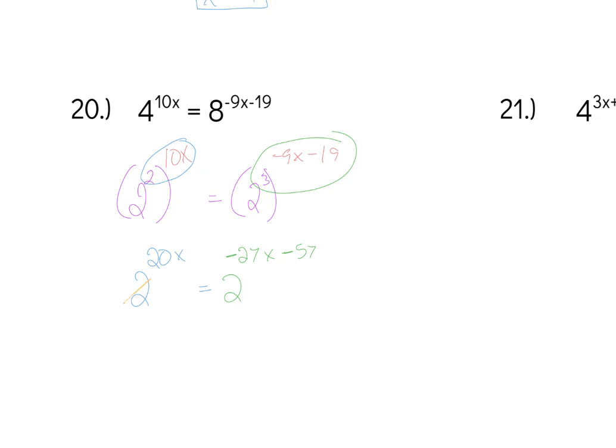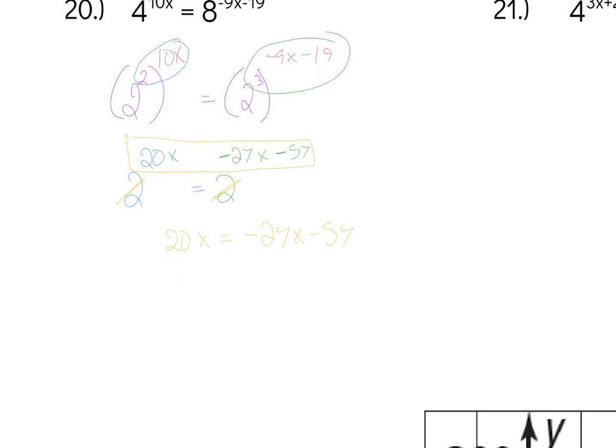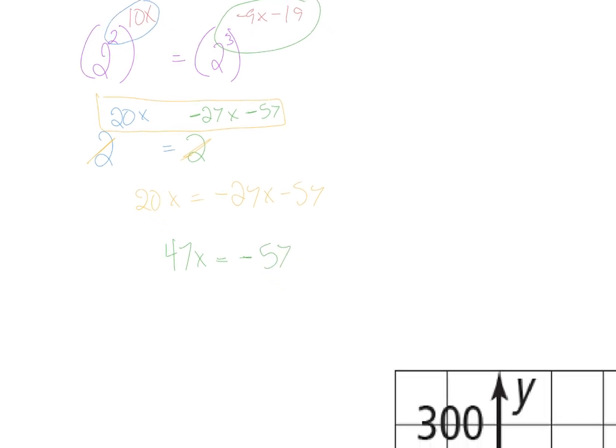Okay, so the 2's are basically being ignored now because the exponents are equal to each other, right? So we're going to set the exponents equal to each other. And we're going to add 27x to get 47x, and that's equal to negative 57. Divide both sides by 47.